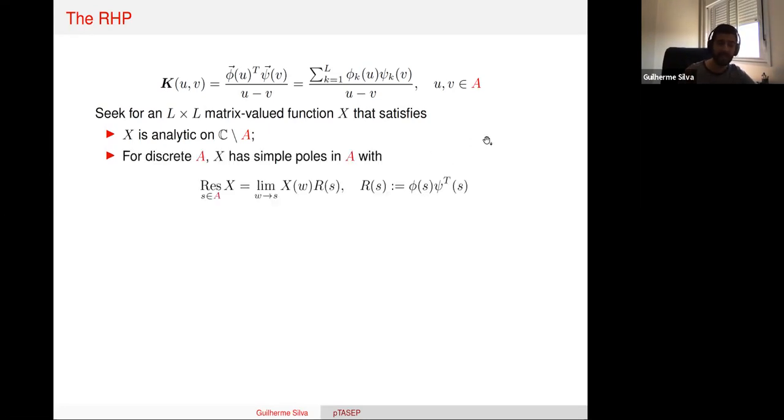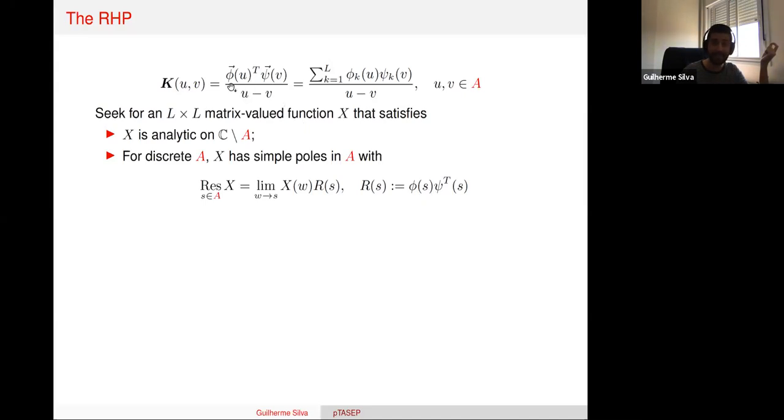If this A here is a discrete set, then of course this matrix X has isolated singularities at the points of A, and you ask for those singularities to be simple poles and to have a specific residue structure. When you compute the residue, this is the same as multiplying the matrix X by a matrix, the residue matrix R. And this residue matrix is the one that ties together with the kernel.